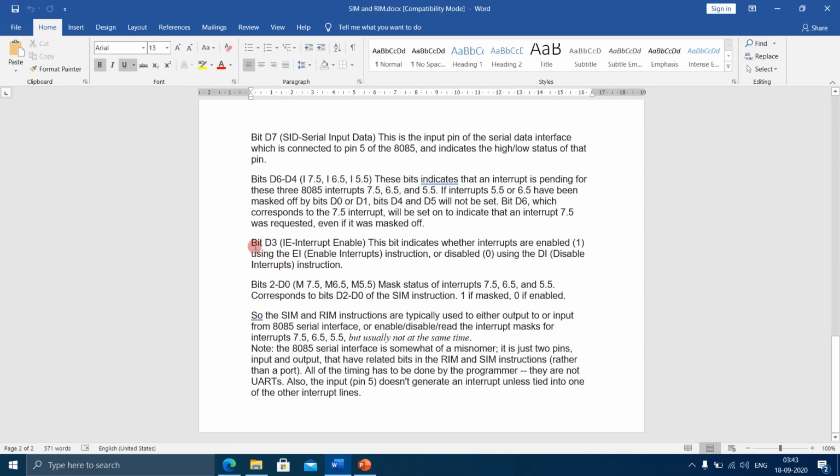Let's see what's written here in bit D3. This bit indicates whether the interrupts are enabled using the EI instruction or disabled using the DI instruction.